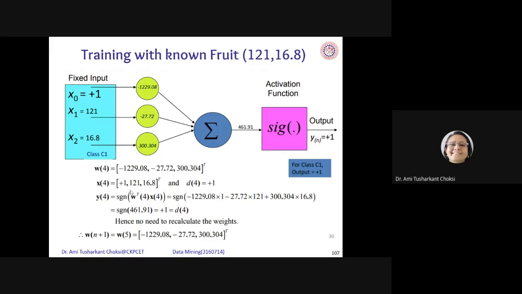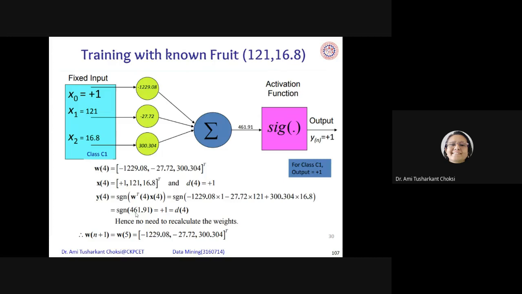Then for Y4, we apply the activation function for whatever W and X are, taking the multiplication: the first term of X and W, the second term of W and X, the third term of W and X, and doing this summation. That's what we are doing here.